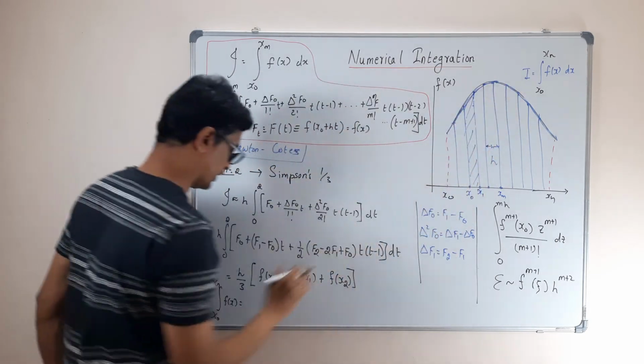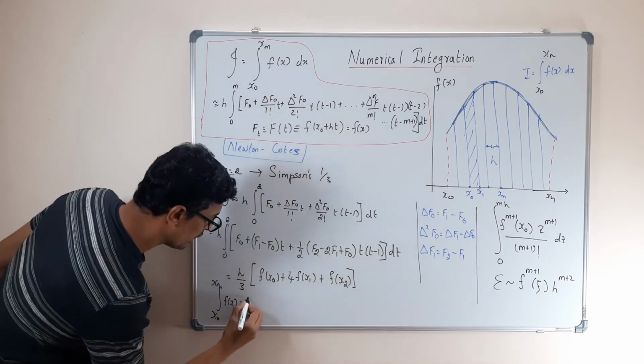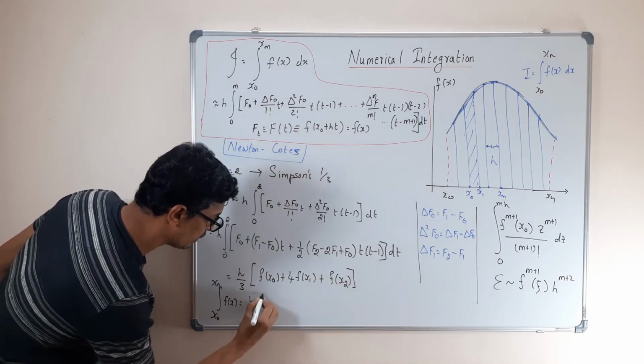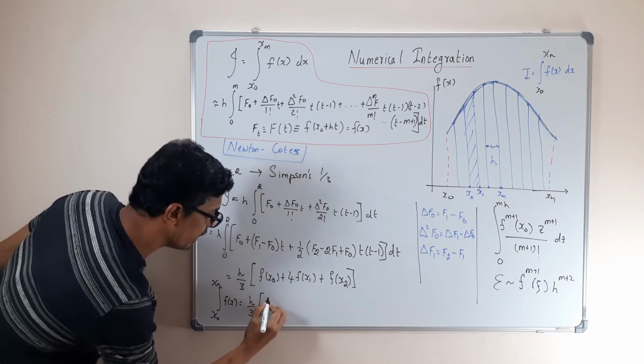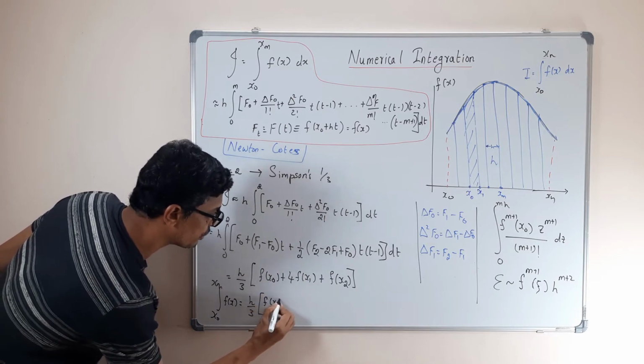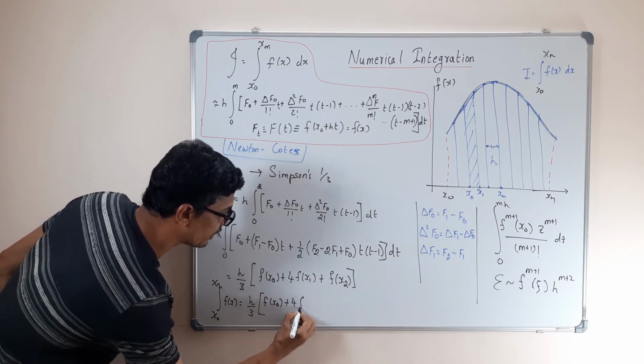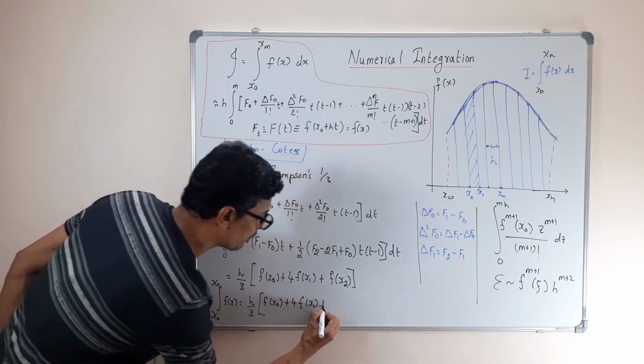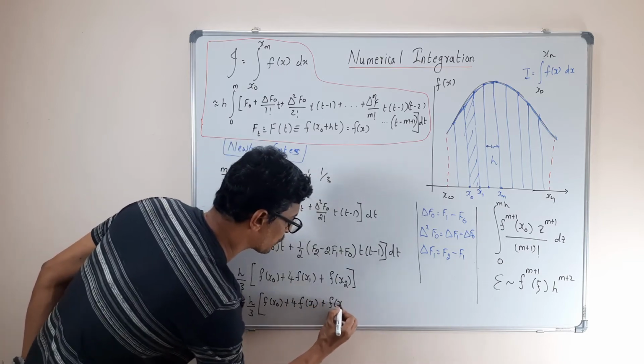So this will become h by 3 times f of x0 plus 4 times f of x1 plus f of x2.